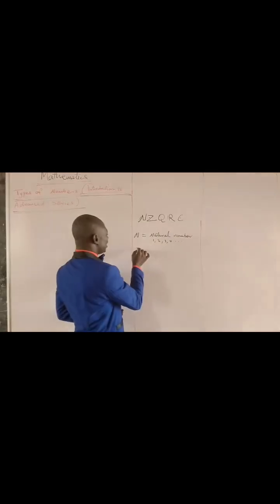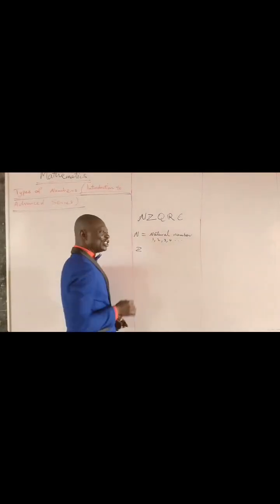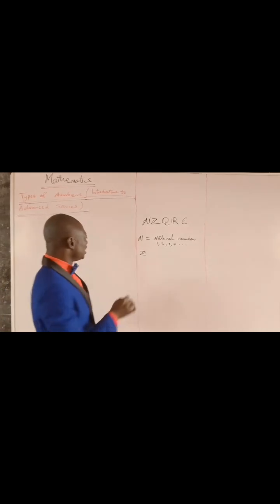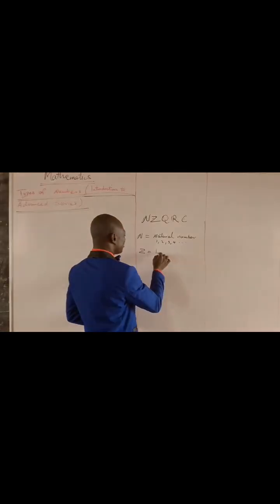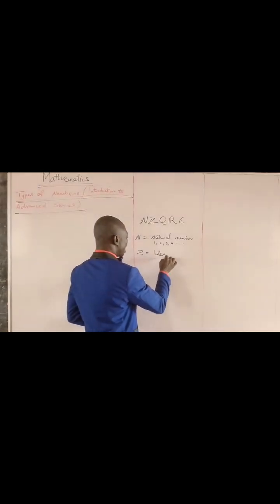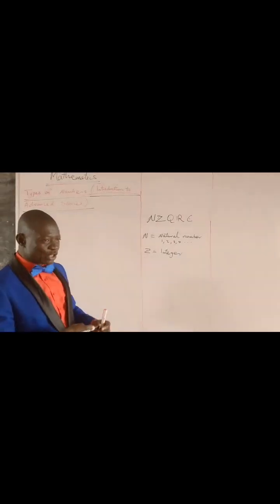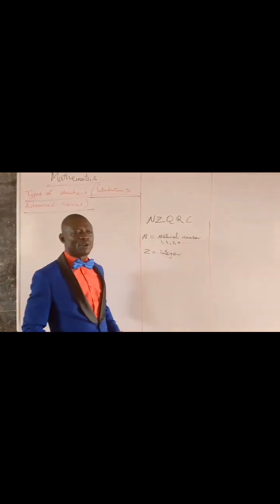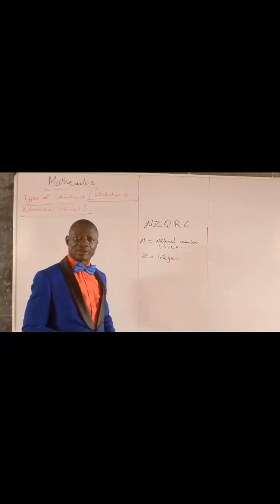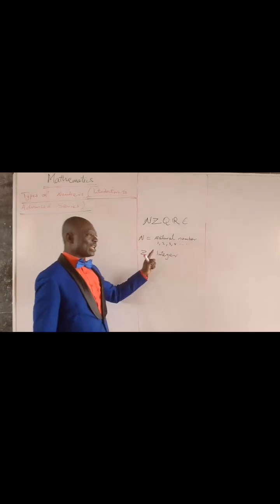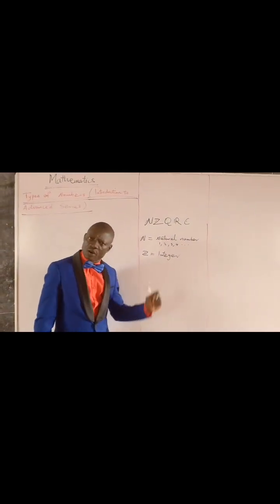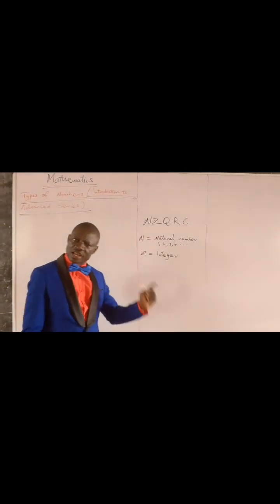The second one there is the integer Z. The integer Z, remember the name? Integer. The integer Z is a positive or negative whole number, including 0.